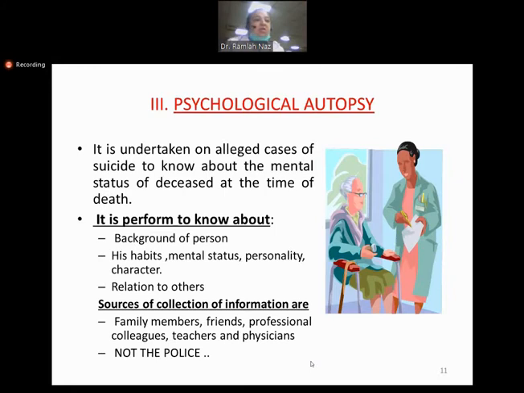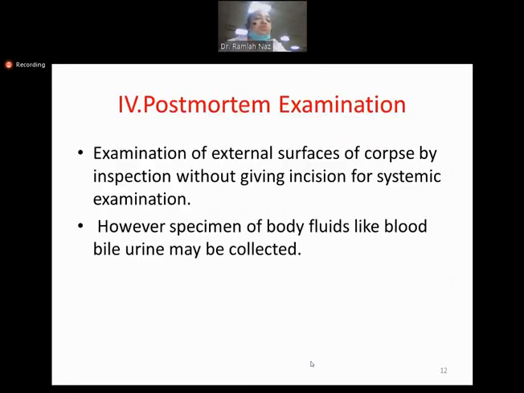Okay, so the fourth thing is postmortem examination. Postmortem examination literally means the examination of the external surface of the corpse by inspection, without giving any incision for a systemic examination. But in this kind of examination, specimens of body fluids like blood, bile, and urine can be collected.